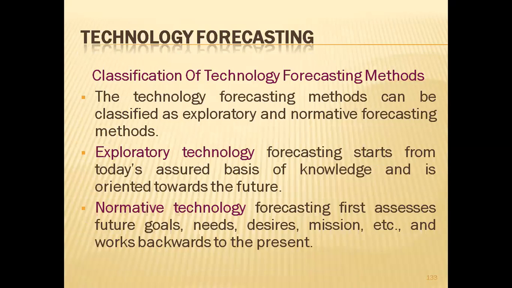Lots of methods are available for people to adopt, and you must use the right method. When we say methods, we can classify them into two basic types: quantitative methods and qualitative methods. Quantitative methods are those where we can express the data in the form of numbers, data which is easy to specify.